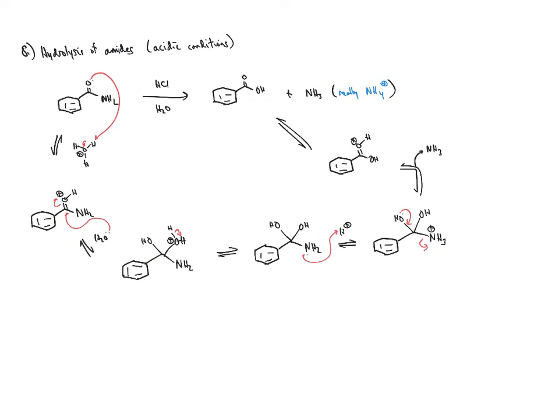And then that protonated carboxylic acid can be deprotonated by the amine that left in that reaction. Right, so this is strongly forcing conditions, hydrolysis of amides. You really need high concentrations, really strong acids, high temperatures.